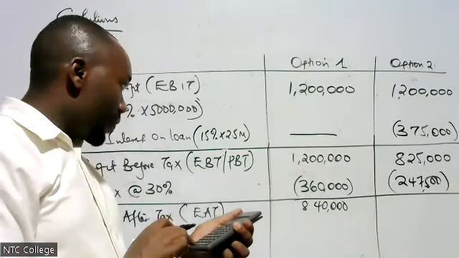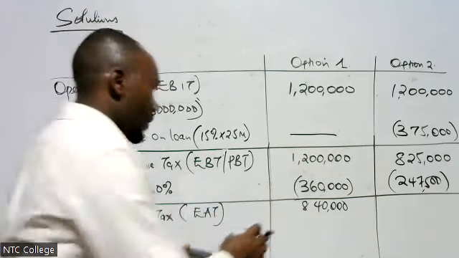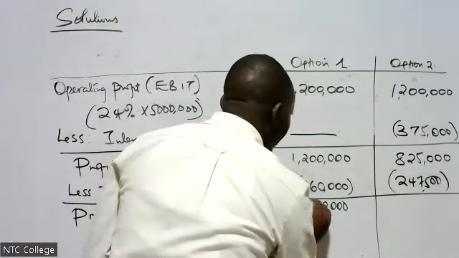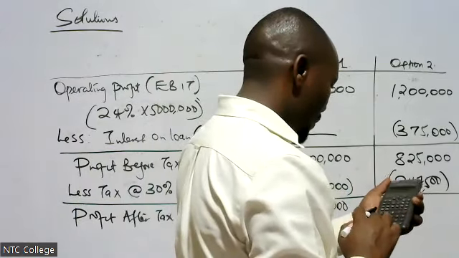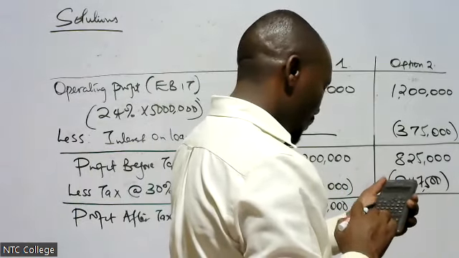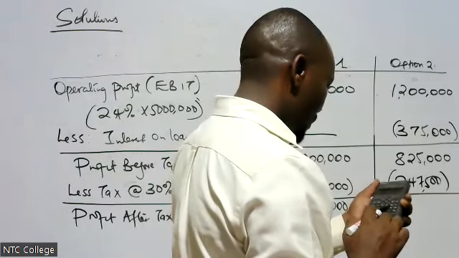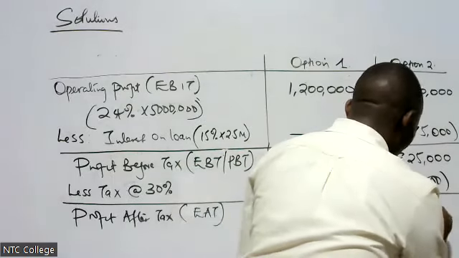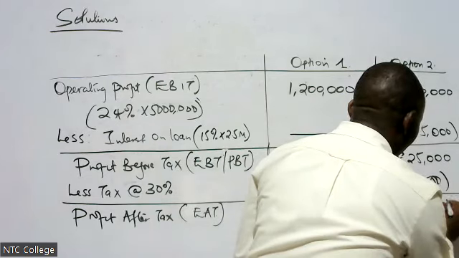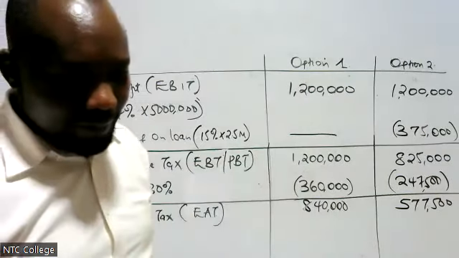So we have 1.2 million minus 360,000. Yes, 840,000. Then here we have 825,000 minus 240,000. That is where we are.